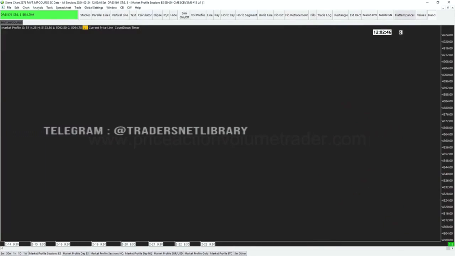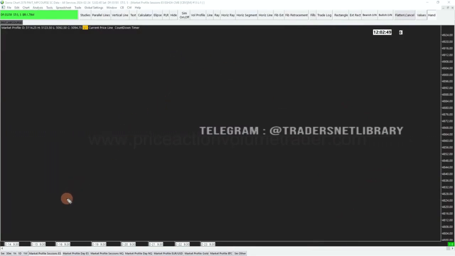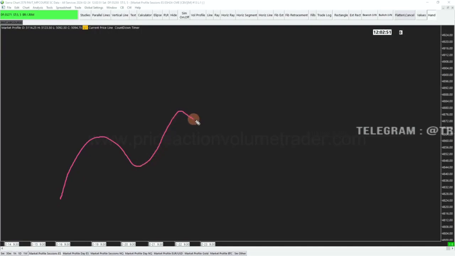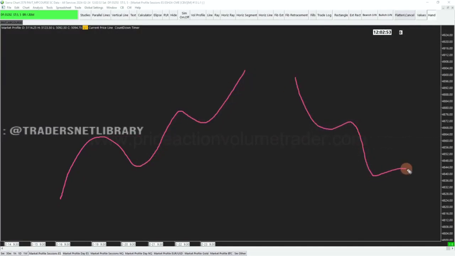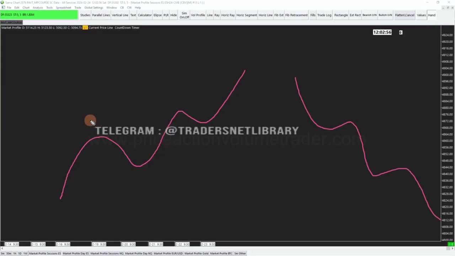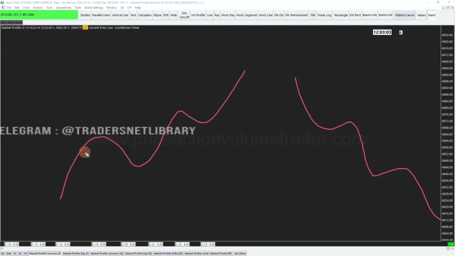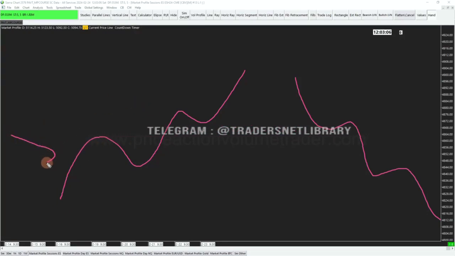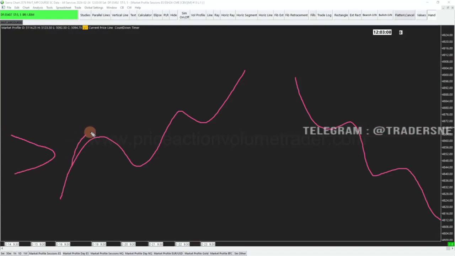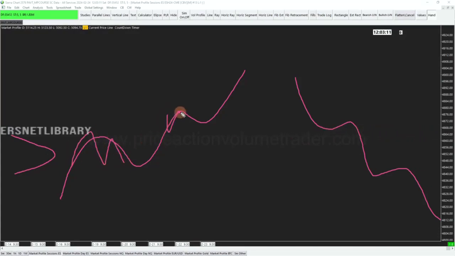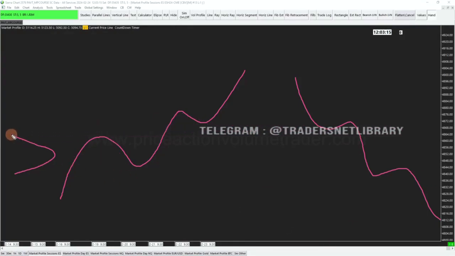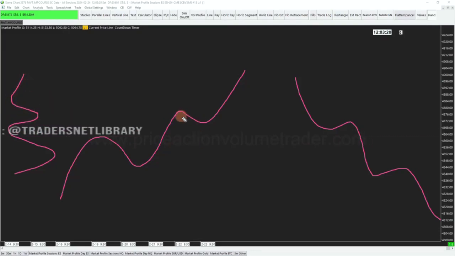What we're talking about is when we have trending markets, meaning making higher highs or higher lows, if we apply a TPO or a volume profile, we're going to notice high volume nodes right around the areas where we accumulate the most volume, and low volume node areas right around these pullback zones.